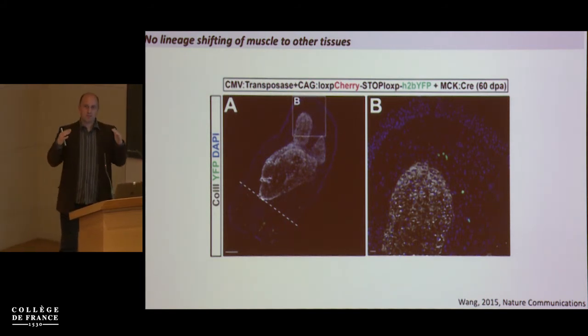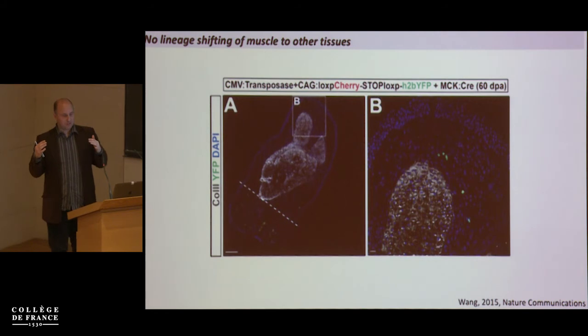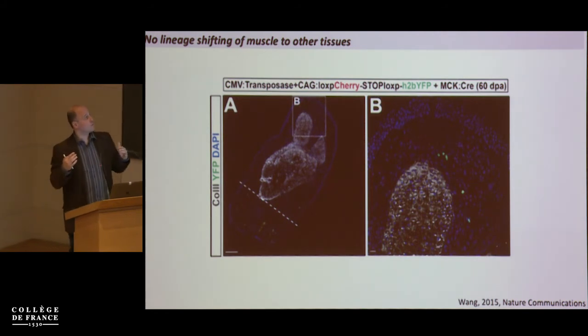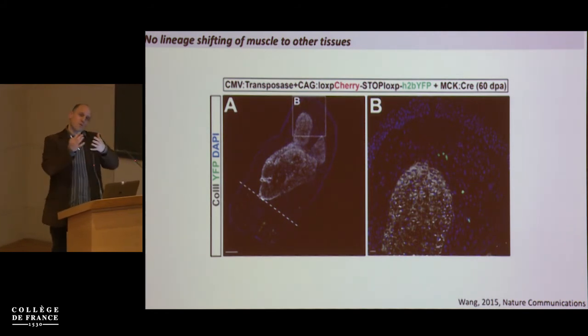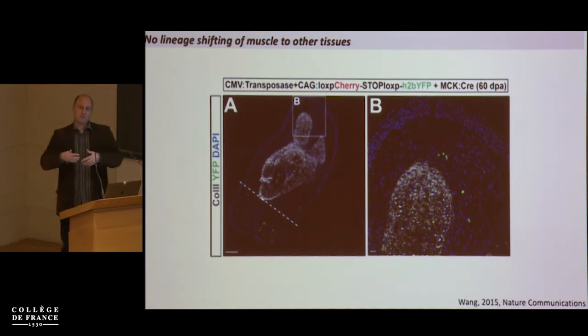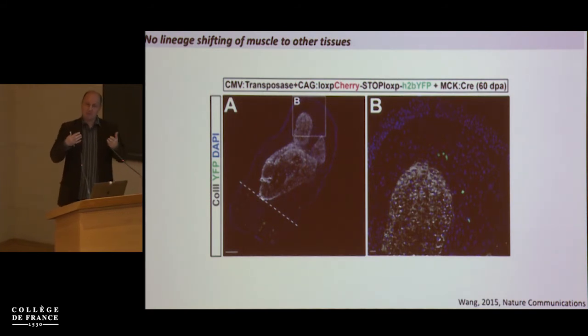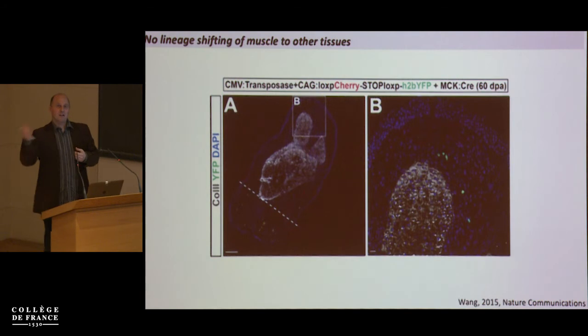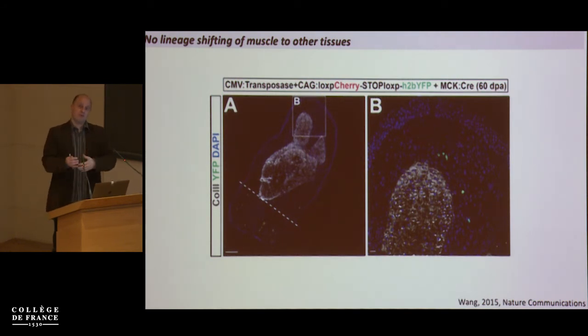So how this memory is maintained is very interesting. We have no idea. But the point I'm trying to make is that there is reprogramming. Reprogramming may use mechanisms that have been brought from early embryonic development to the adult tissues, but it's not used to exactly the same extent.